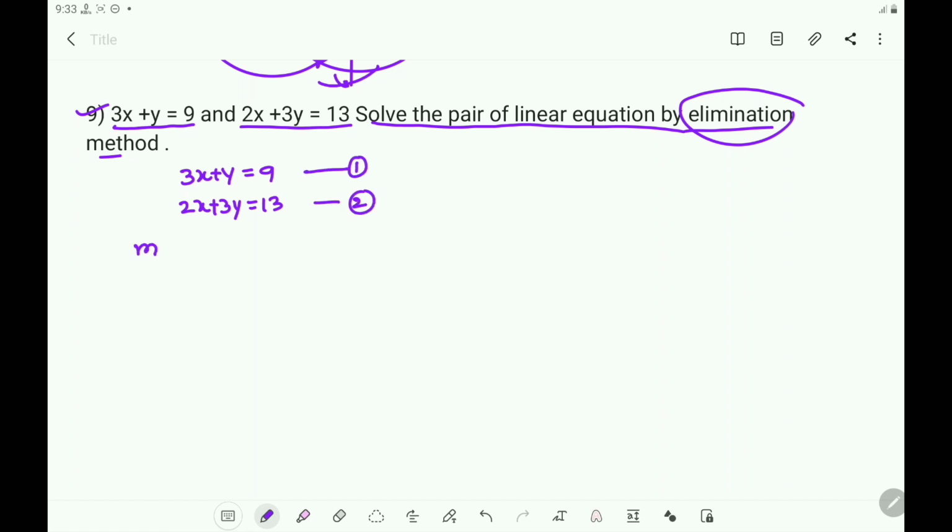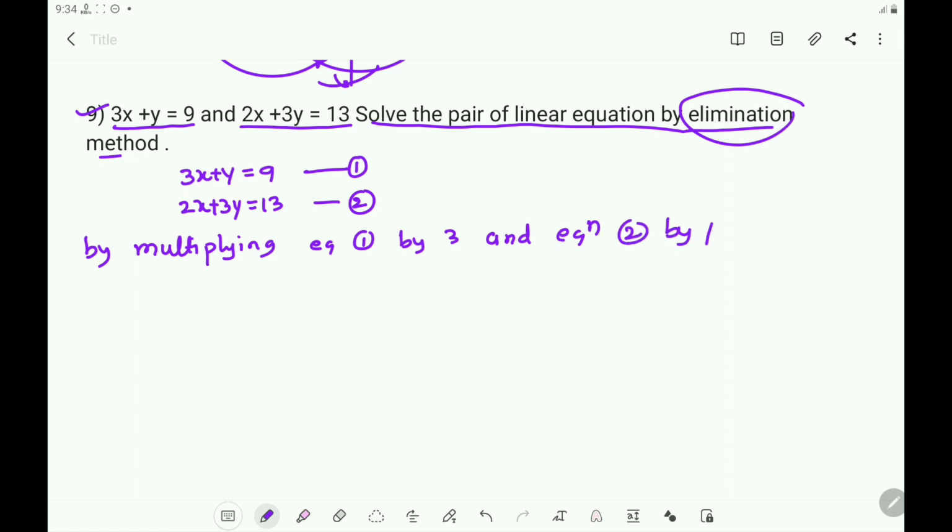So you write, multiplying equation first by how much? 3. Why you have to multiply it by 3? Because to have the coefficient 3 as in the second equation. And second equation is to be multiplied by 1.